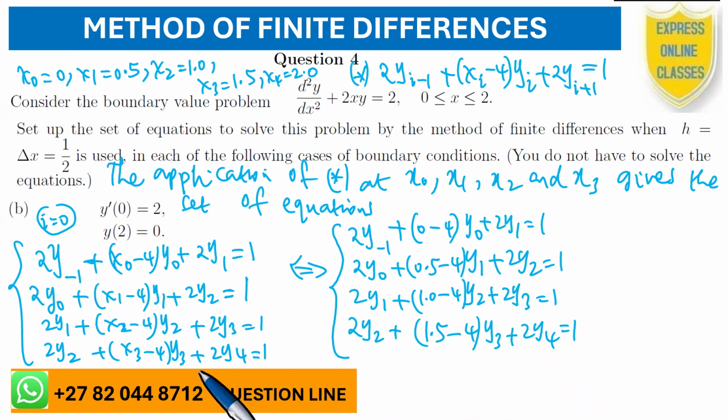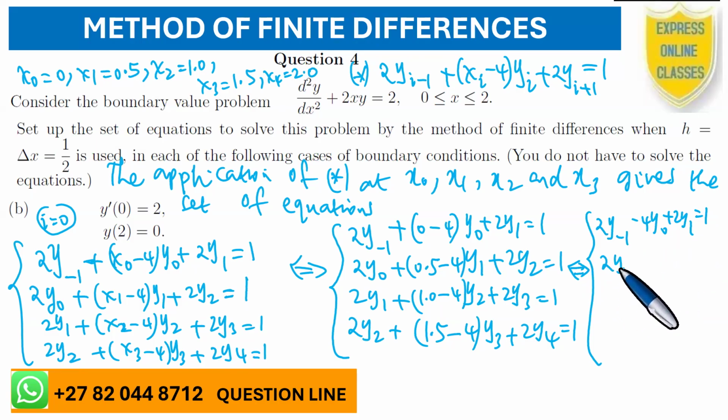Now, if you have this here, let us simplify these together. At this point, 0 minus 4 is minus 4 y0, 2 y1 equals 1.